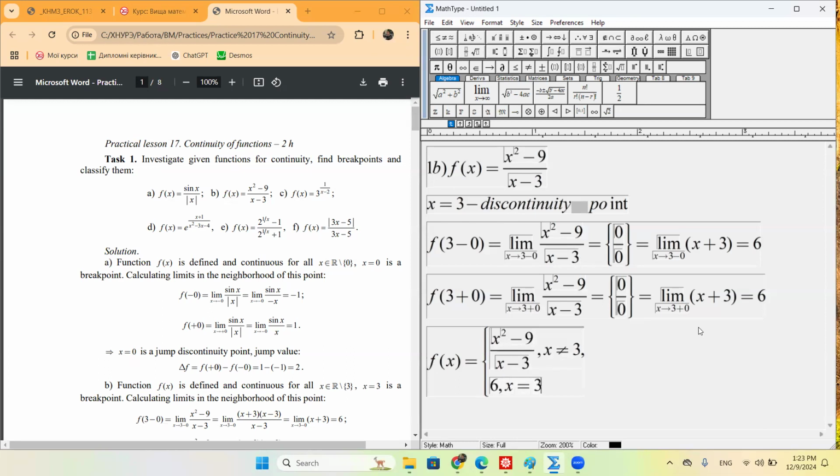That's how we remove the breakpoint, and now the function is continuous on the whole domain. Okay, any questions?